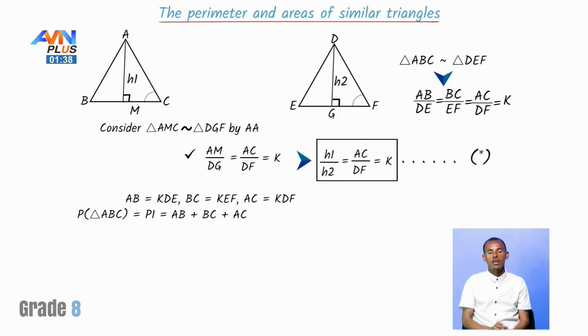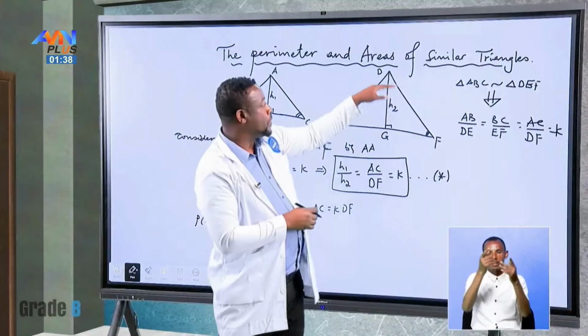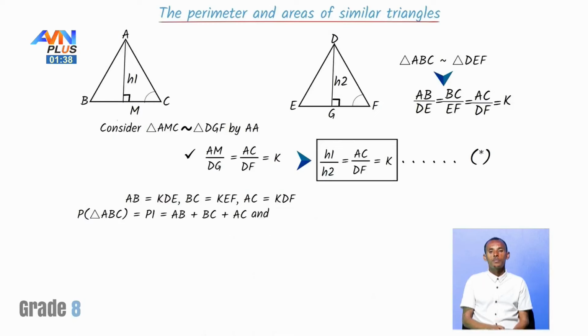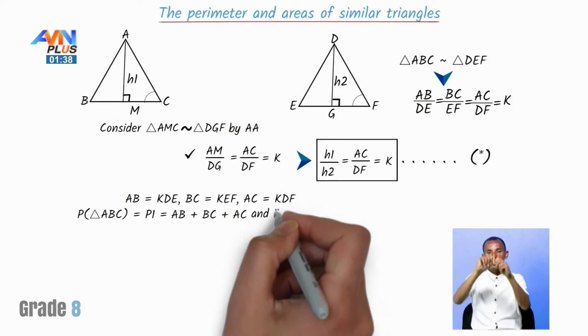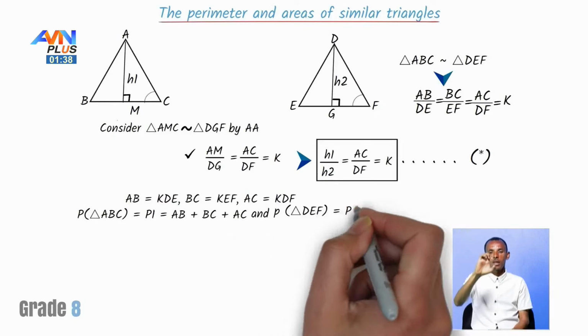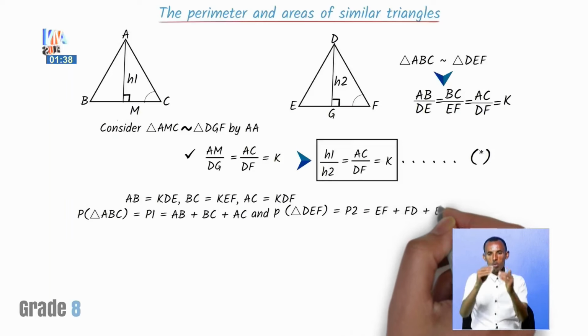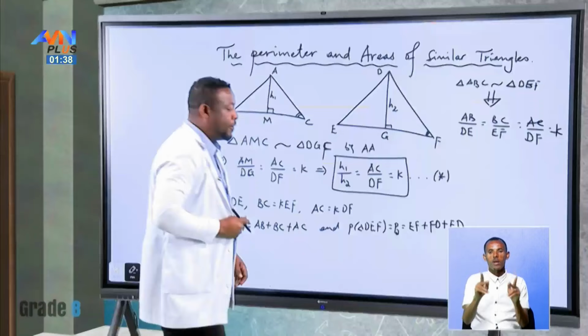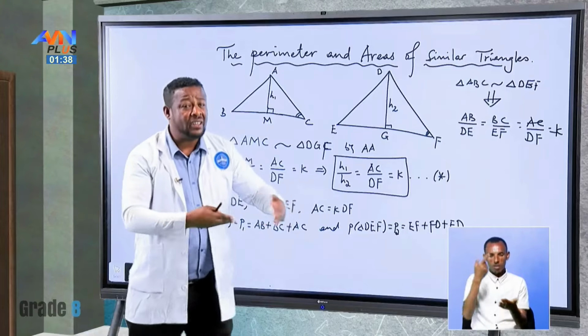Again, let's write the perimeter of triangle DEF, say P2. P2 means EF plus FD plus ED. You can write it in any order.